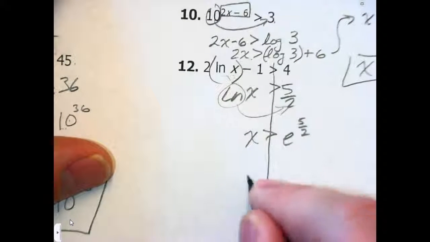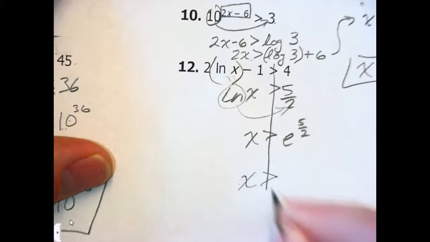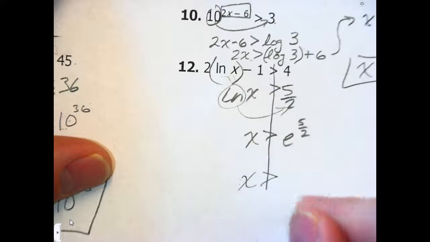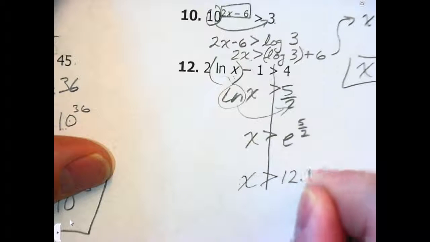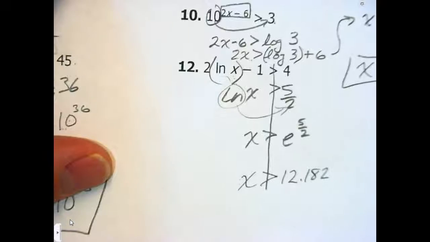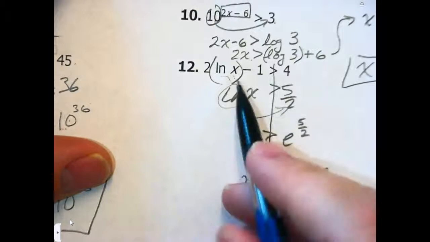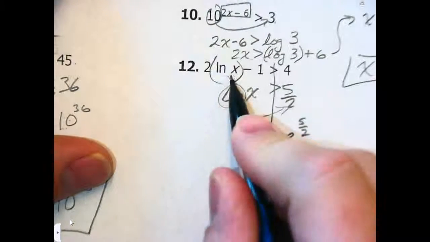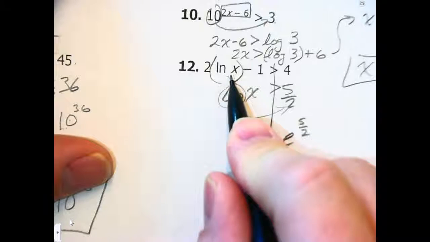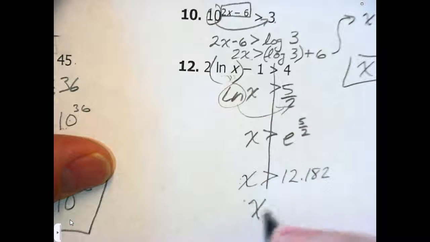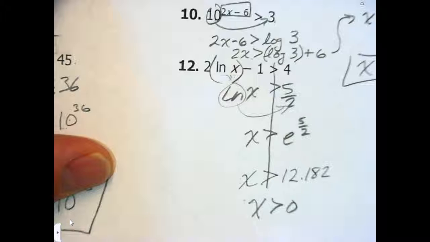What is e to the 5 halves? Good. So does x have to be greater than 0? Do I need this?